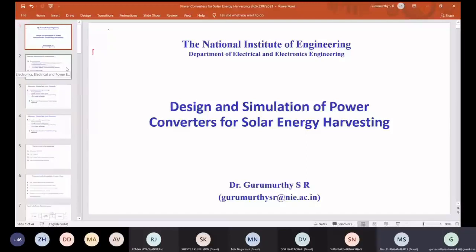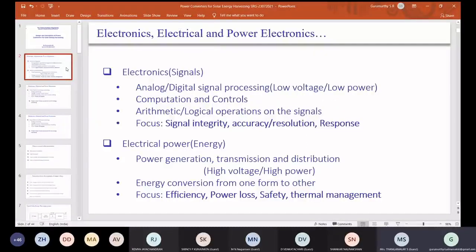Now basically, in simple words, if you make the difference between electronics, electrical power and power electronics, then we will be able to start understanding the power circuits. So basically, all circuits are the same.